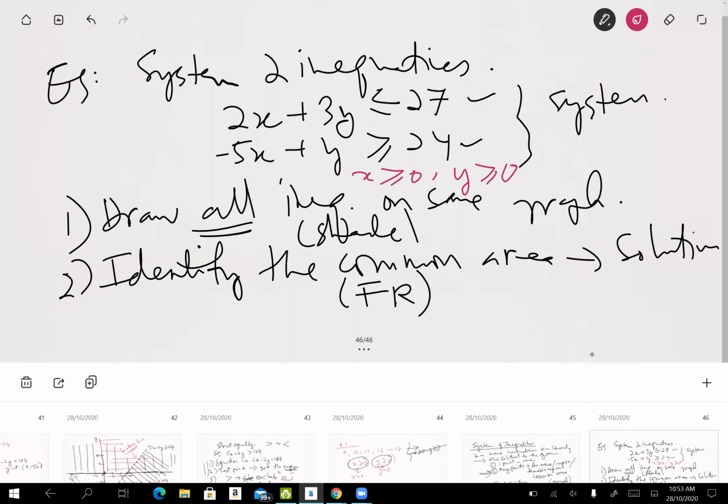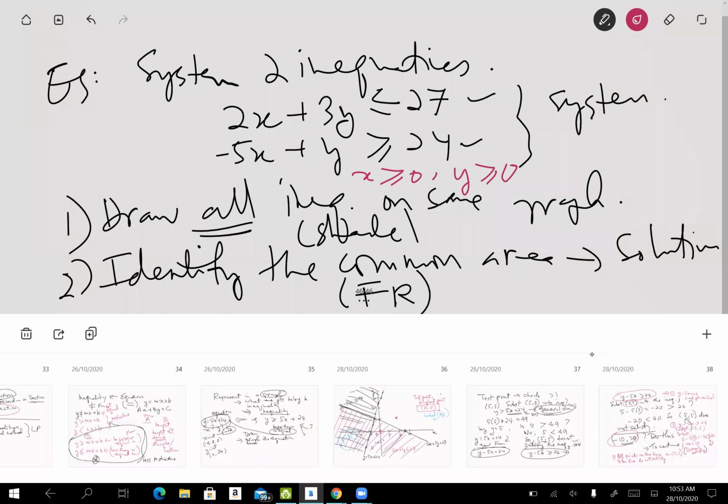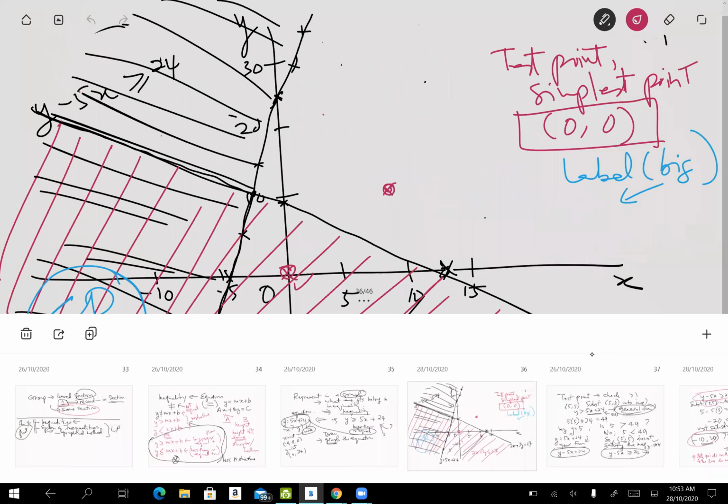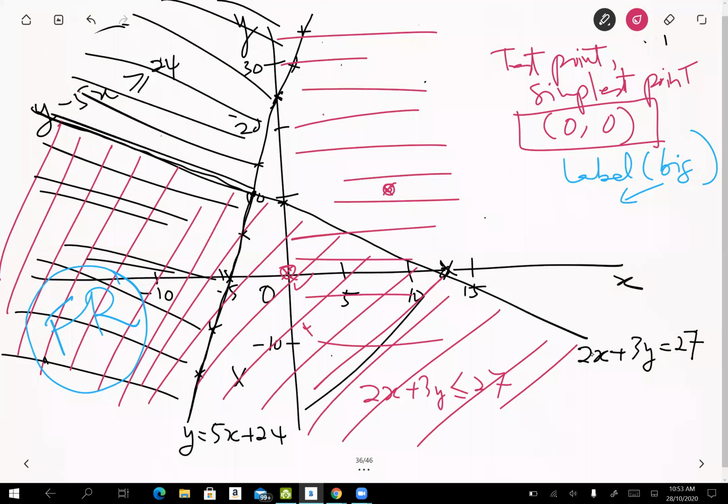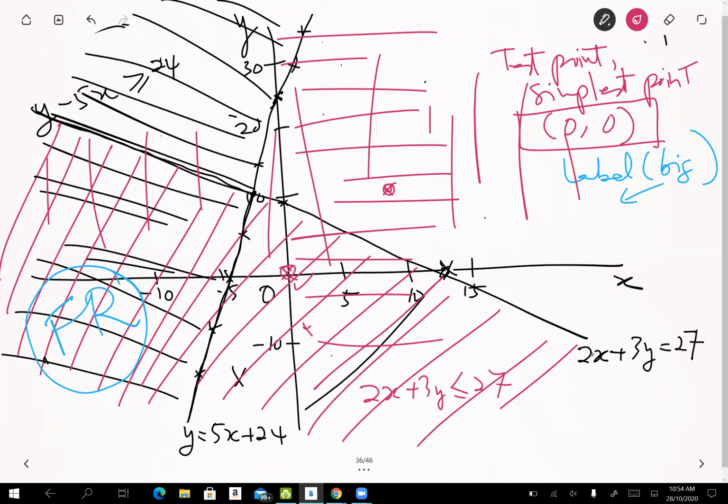Is that right? Because if you include that thing, the x bigger or equal to 0 will be that area. The y bigger or equal to 0 will be that area. So as you can see here, the only region or that area only intersect y bigger or equal to 0.